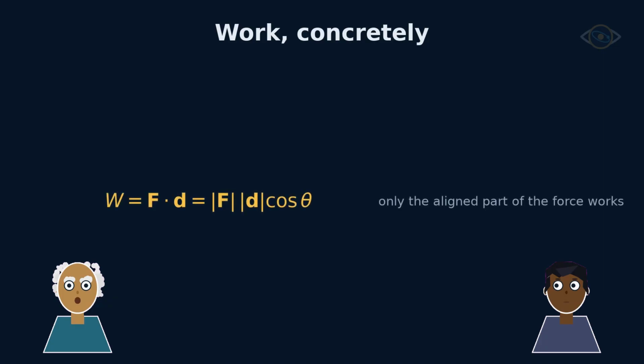Push at an angle, and only the cosine part counts. Push perpendicular to the motion, carrying a bag down a level hallway, and you do, formally, 0 work. Which finally explains why physics says holding a heavy box still is no work, even though my arms strongly disagree.